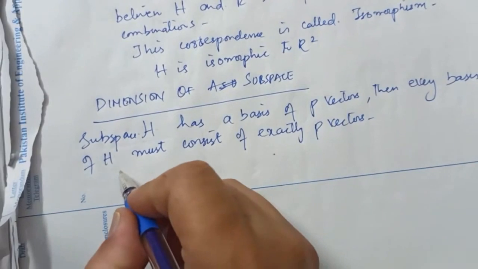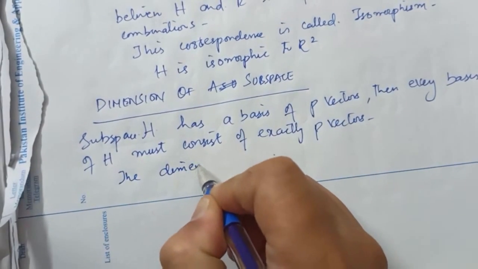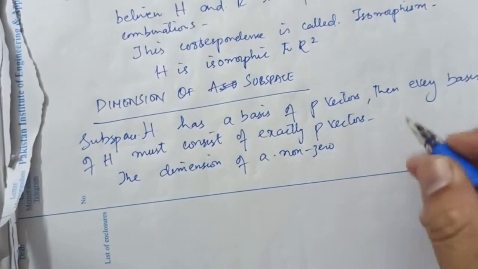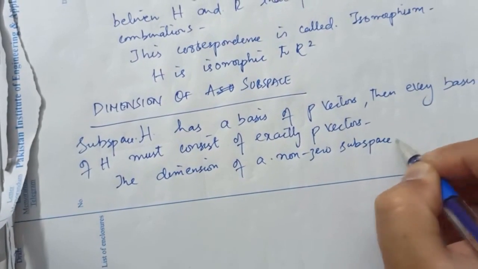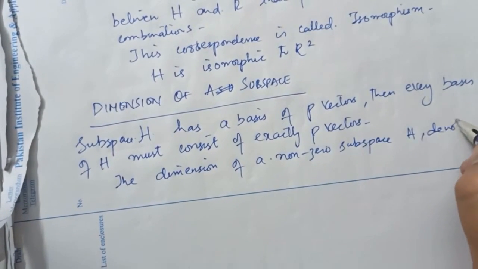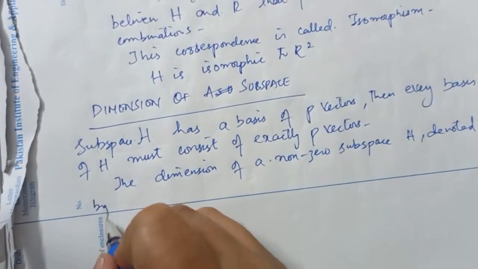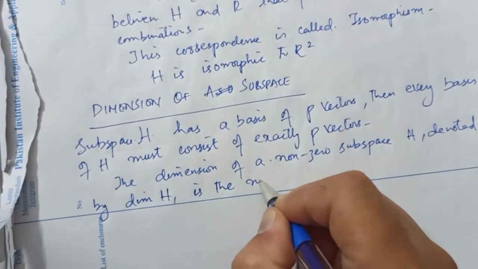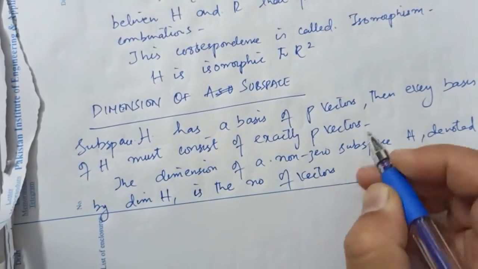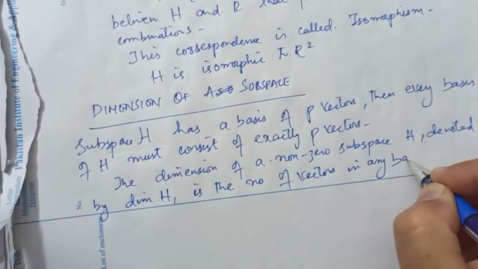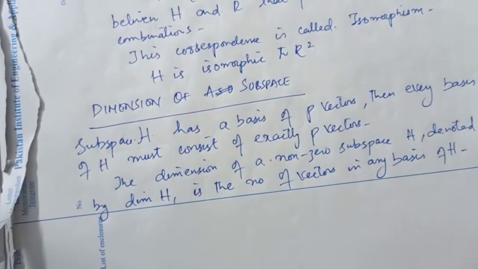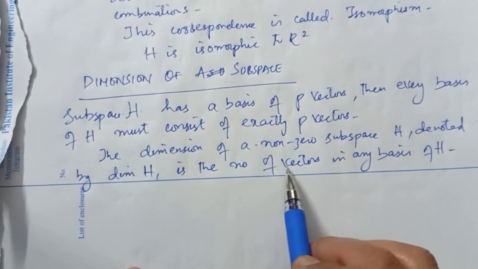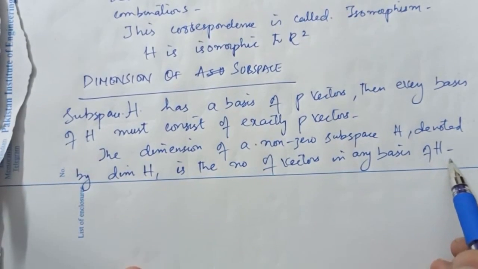In effect, the dimension of a non-zero space, denoted by dimension of H, is the number of vectors in any basis of H. So the dimension is actually the number of basis vectors in H, right?